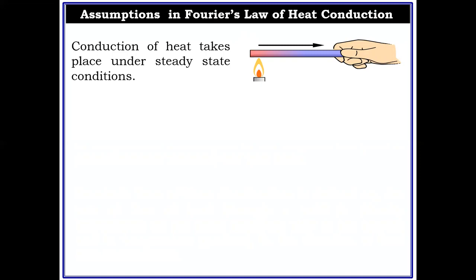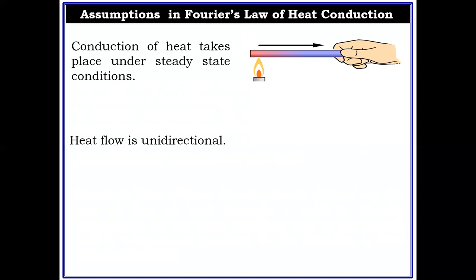So temperature remaining the same with respect to time is called steady state. So the first assumption is that we consider steady state condition while deriving Fourier's law of heat conduction.